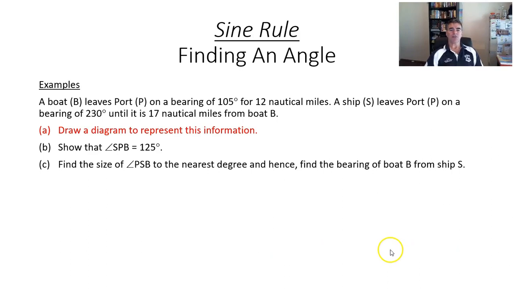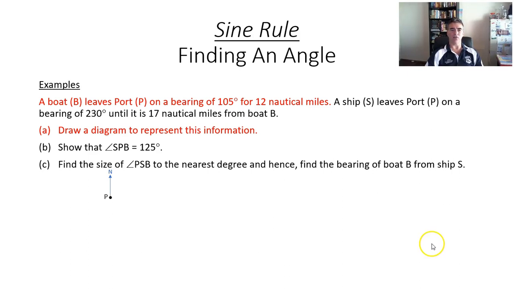So the first part: let's draw a diagram to represent this information. We've got a boat B that leaves port P on a bearing of 105 degrees for 12 nautical miles. First of all, we've got our port P, and then from there we want to know where north is. Usually we have north straight up.